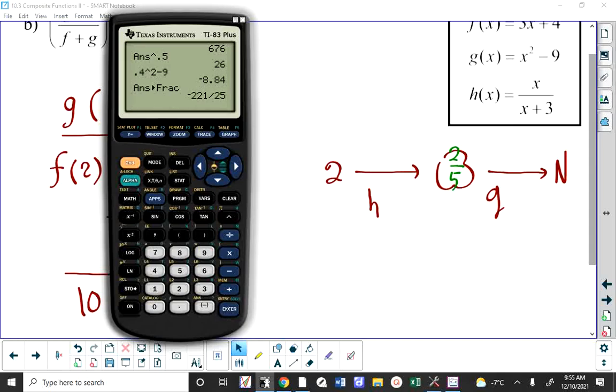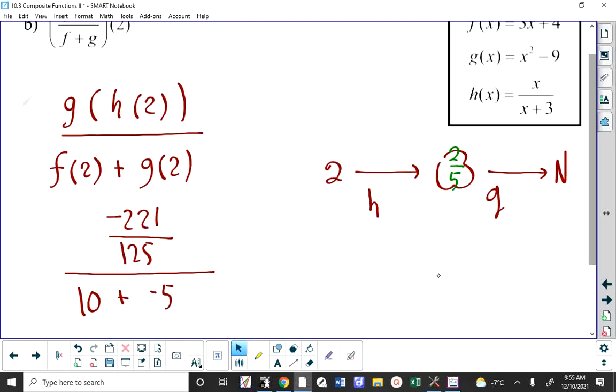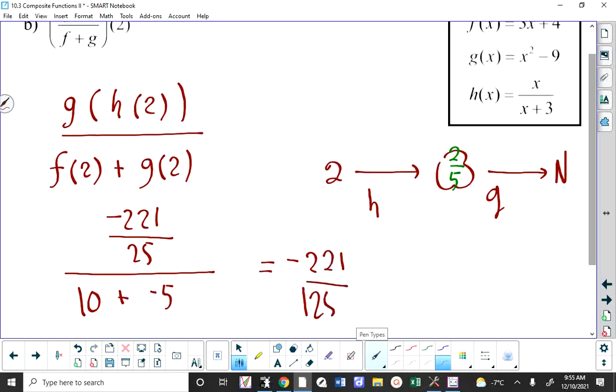So negative 221 over 25. And the bottom of this is 5. When you multiply the top and the bottom by 25, what you're going to end up with is the 25's canceling and getting what Sienna told us the correct answer is, which is negative 221 over 125. Any questions with that one?